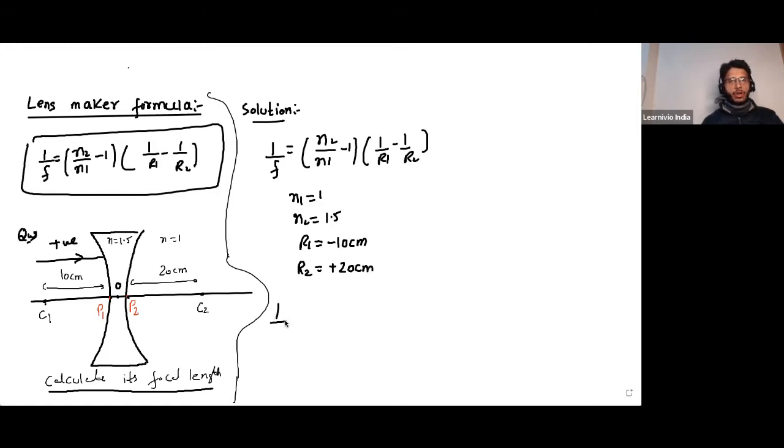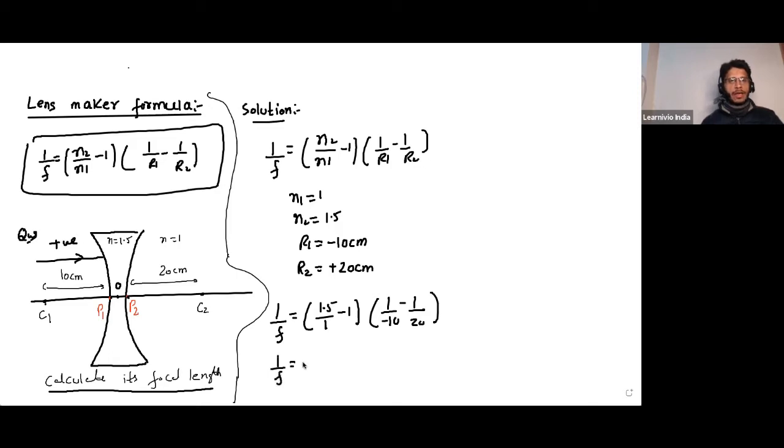So if I substitute all these values here, 1 by f is n2 by n1, that's 1.5 by 1 minus 1, times 1 by r1 minus 1 by r2, that is 1 by minus 10 minus 1 by 20.